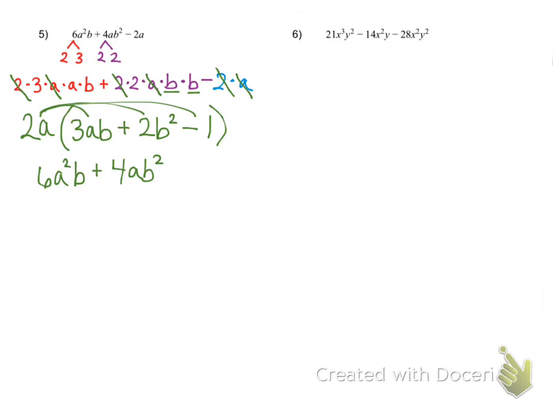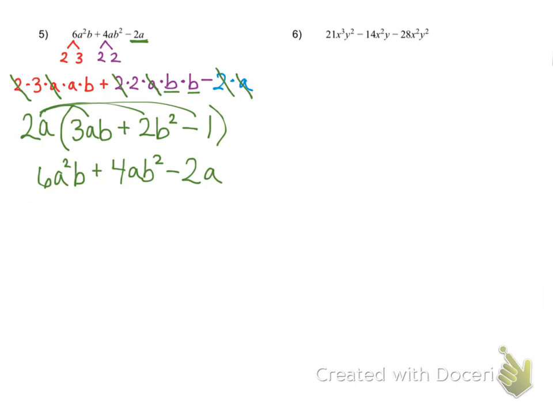And then for our last term, 2A times a negative 1 is a negative 2A. So if we would have put 0 there, or a number other than 1, we wouldn't have gotten our 2A that was in our original expression. So if you find the greatest common factor and there's nothing left in that last term, you would put a 1 there.